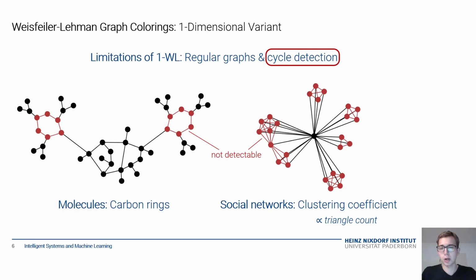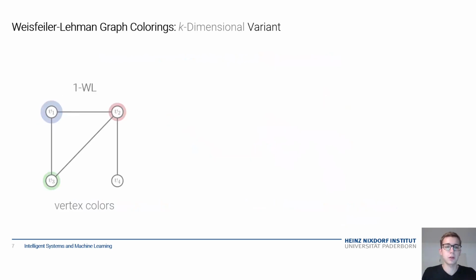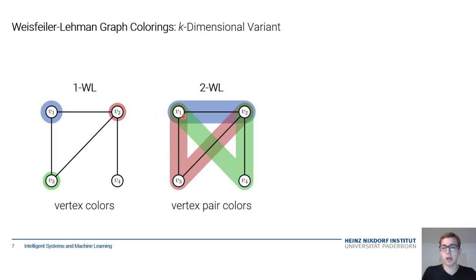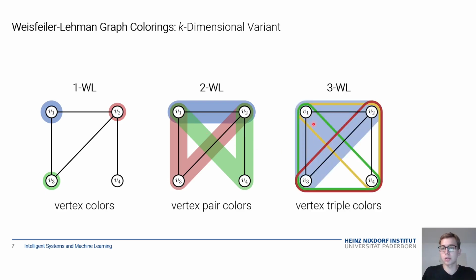Now, how could we overcome these limitations? Well, what we just looked at was the one-dimensional Weisfeiler-Lehman coloring scheme, and this already implies that there are also higher dimensional generalizations of this scheme. For example, in the two-dimensional setting, what we would do is color pairs of vertices instead of individual vertices, and consequently in the three-dimensional variant, we would consider triples of vertices to which we assign colors.